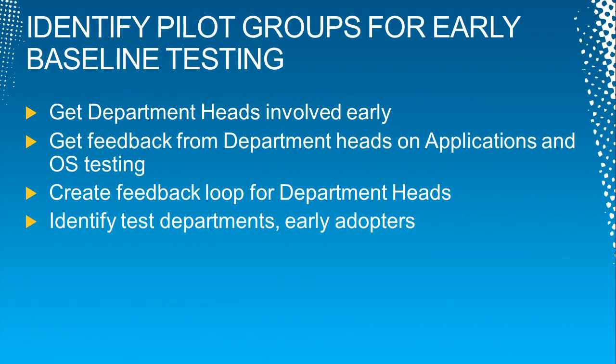I've seen department heads halt projects because communication is key. You've got to get everybody involved. If you don't get everybody involved, you're going to start upsetting people. And then projects tend to grind to a halt at that point. So keep your communications open.